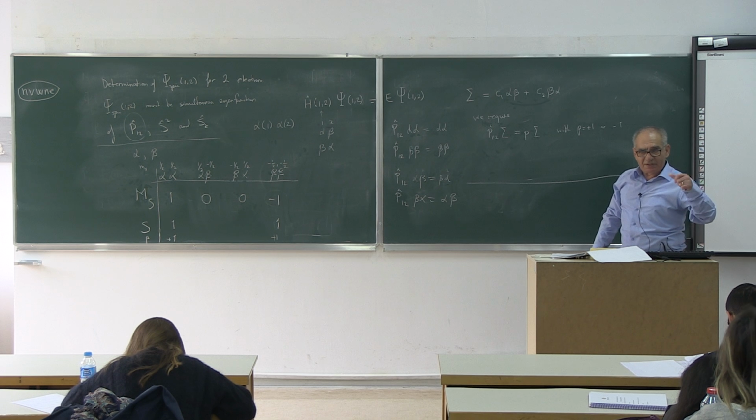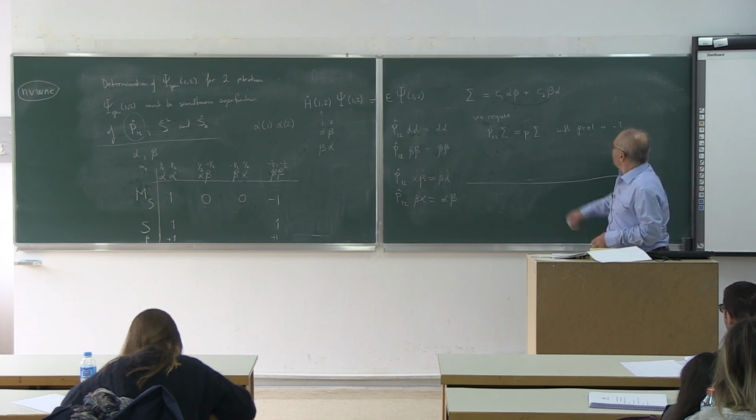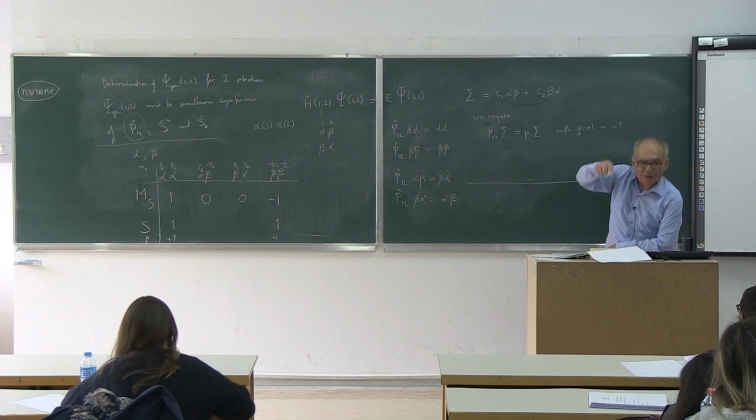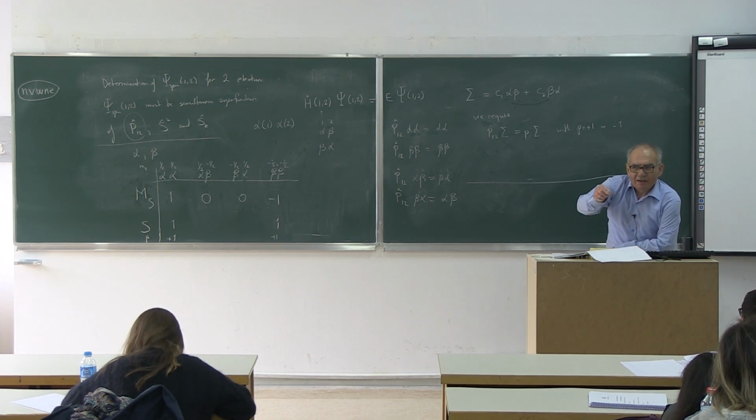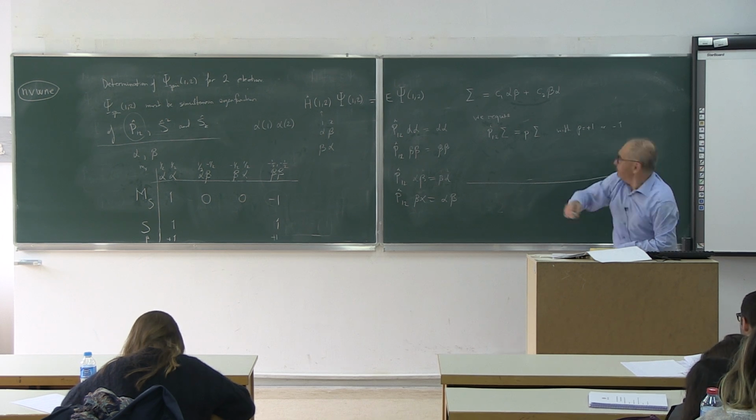One is +1, the other is -1. Remember, if P is +1, we say the function is symmetric under exchange. If it is -1, we say the function is antisymmetric under exchange.